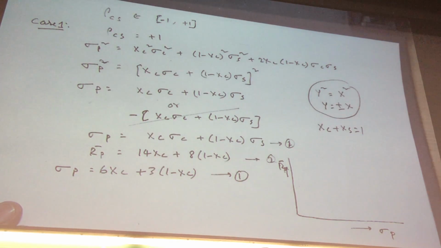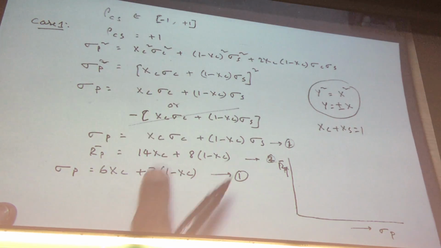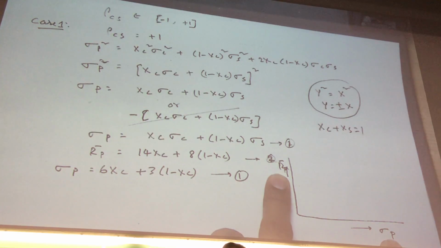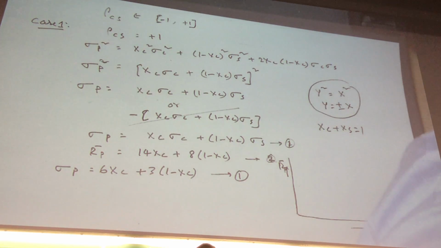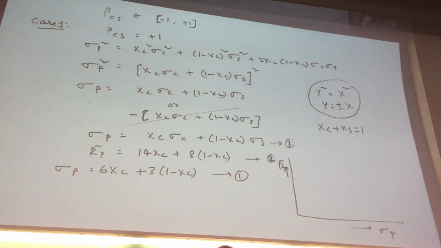So this is your modified first equation, and you have the second equation. By looking at these two values, you should plot the graph. But we all can plot the graph as long as the mathematical formula is in terms of only sigma p and r bar. Hope you are with me. This is the most important step. So if you do not understand, please let me know.